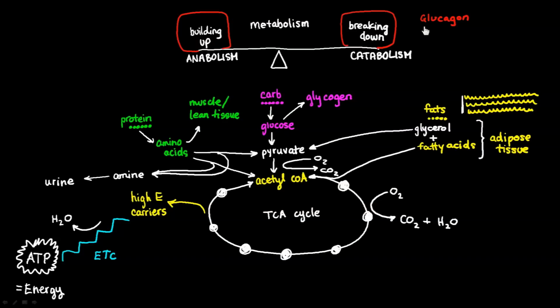Other hormones are the kind of fight or flight hormones. Epinephrine is one of them. And glucocorticoids. These are sort of the stress hormones in our body. And these guys all favor the breaking down or catabolism of the tissues.